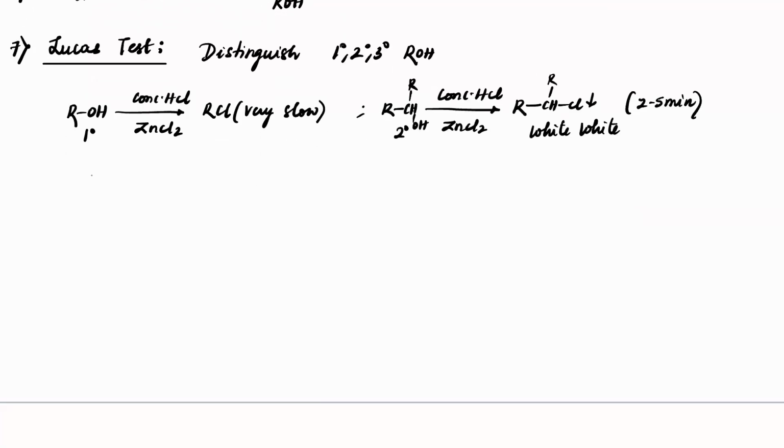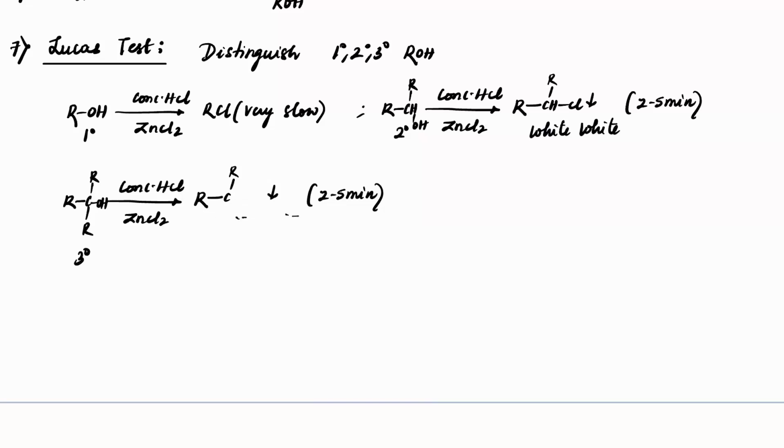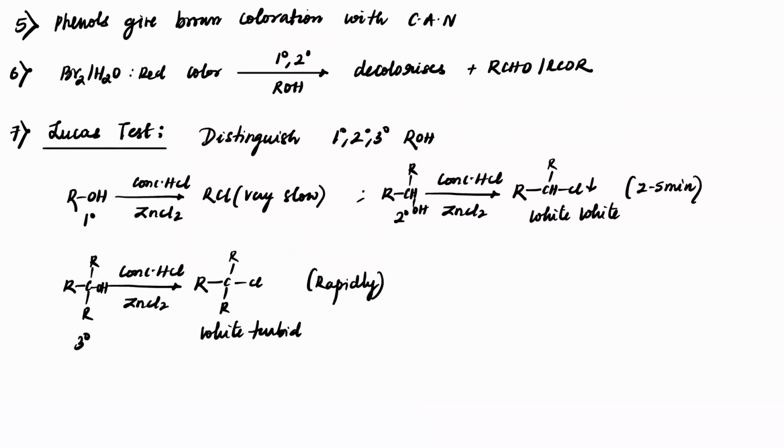If it is happening rapidly, that means it is a 3 degree alcohol, or more stable carbocation. In case you have a 3 degree alcohol like this, you will see white turbidity forming instantly. That's how you distinguish 1 degree, 2 degree and 3 degree alcohols.